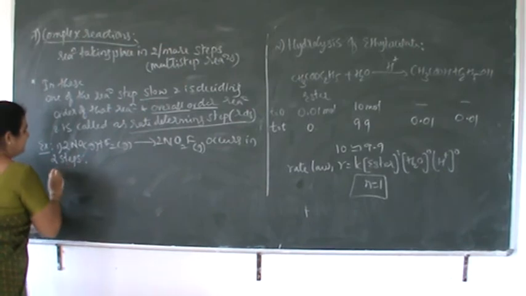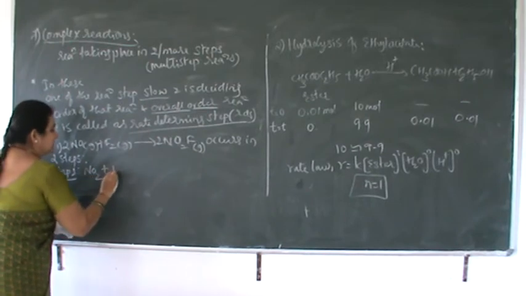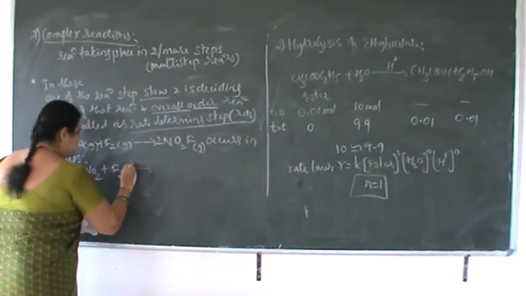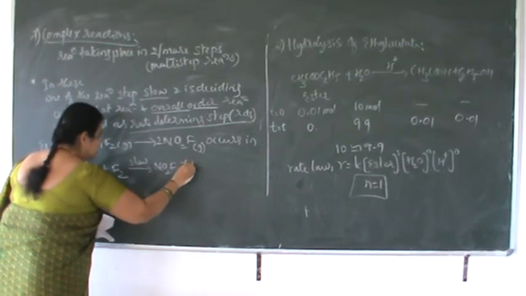Okay. Step number one, NO plus F2 giving rise to, this is slow, NO2F plus F.